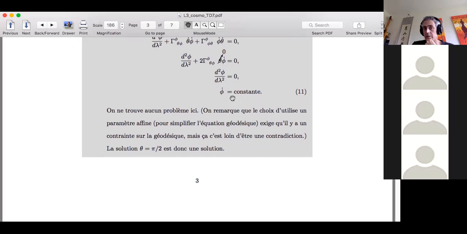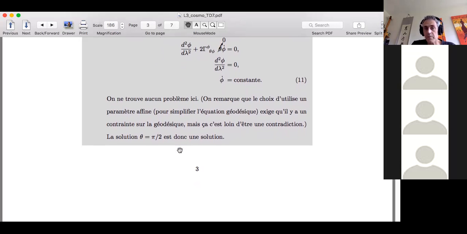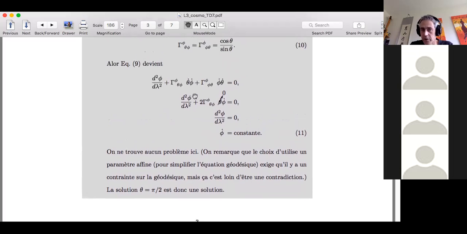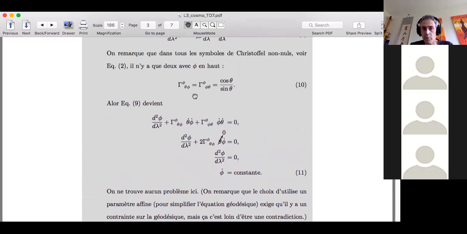That puts some restrictions on this equation, and that restriction arises because we chose an affine parameter, but the rest is details that don't interest us so much. We've proved that there's no contradiction. We've covered all 2 geodesic equations for this 2-dimensional problem.